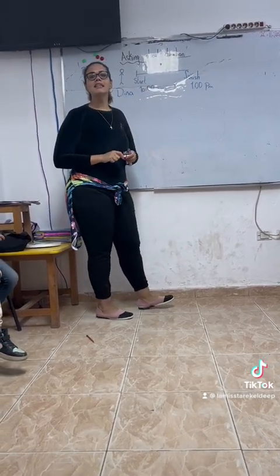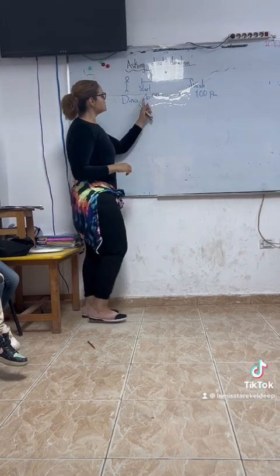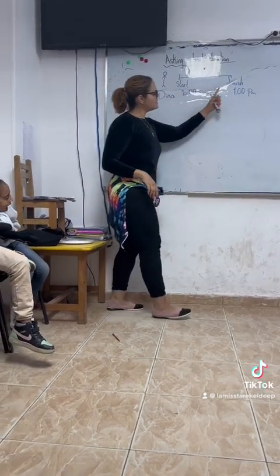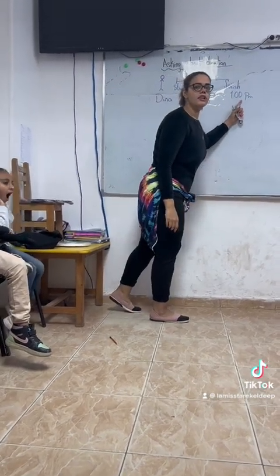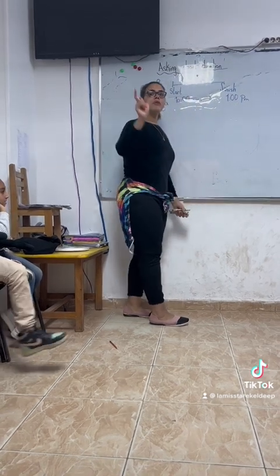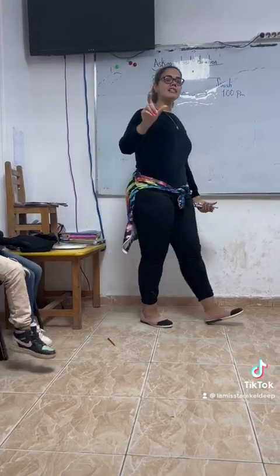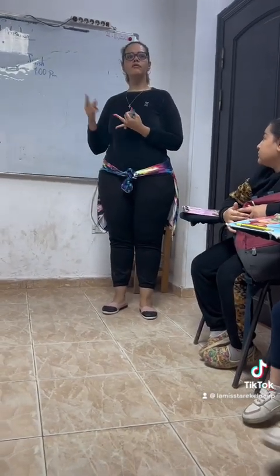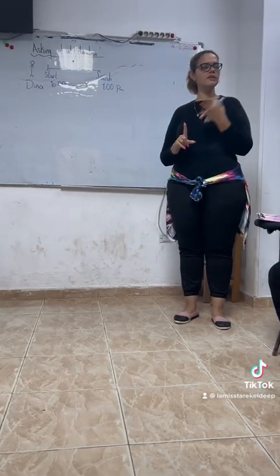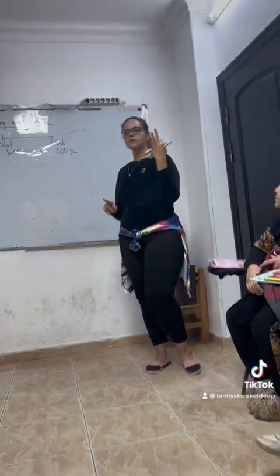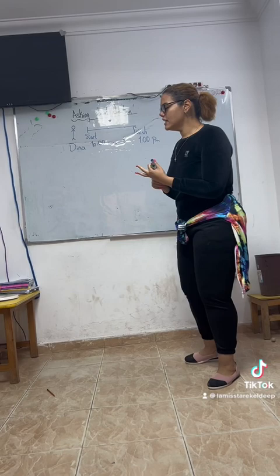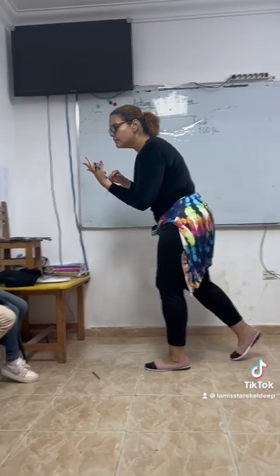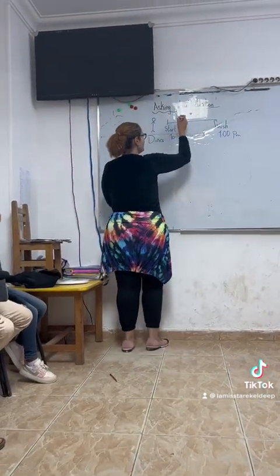This is called the starting point and this is called the ending or finishing time. How many hours does Dina study English? 10, 11, 12, 1. 3 hours. So Dina studies English for 3 hours.